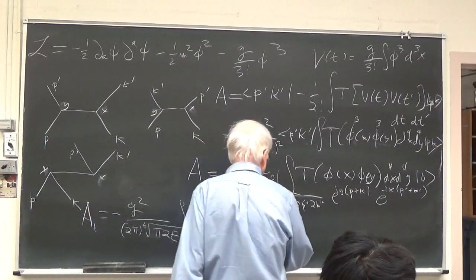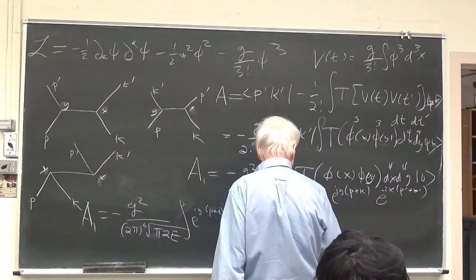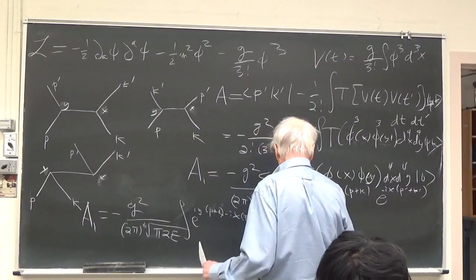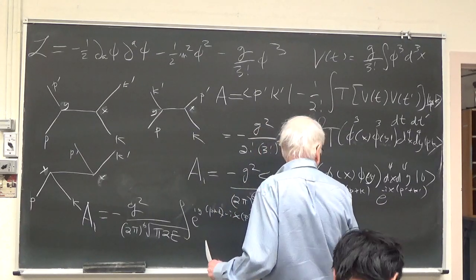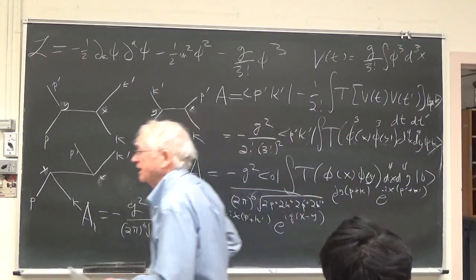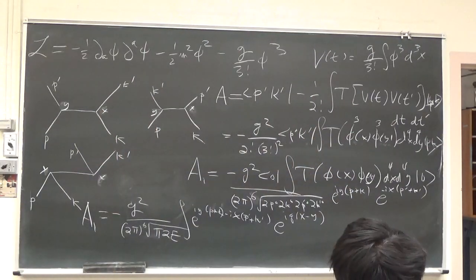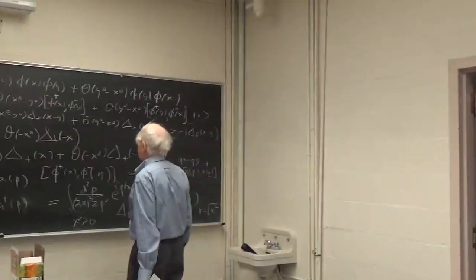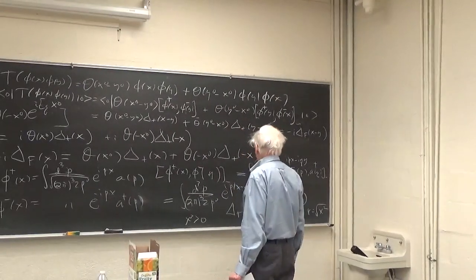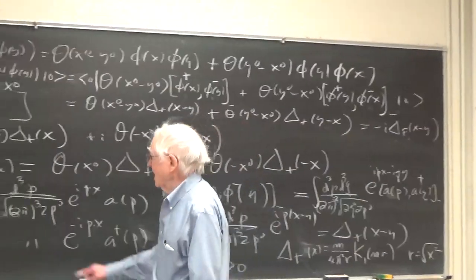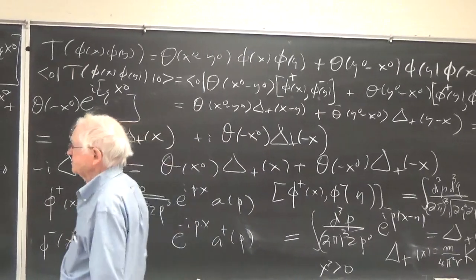And then e to the I q, x minus y. So what is the formula for the Feynman propagator? It's going to be minus I delta f of x.